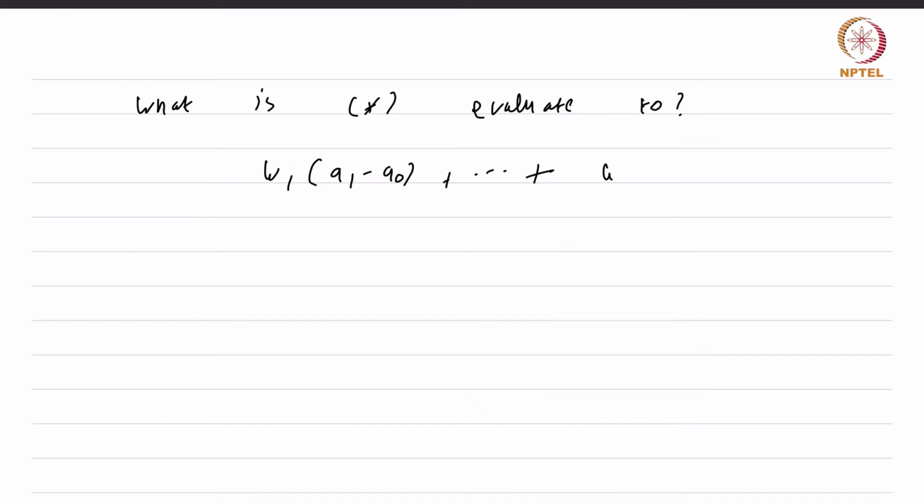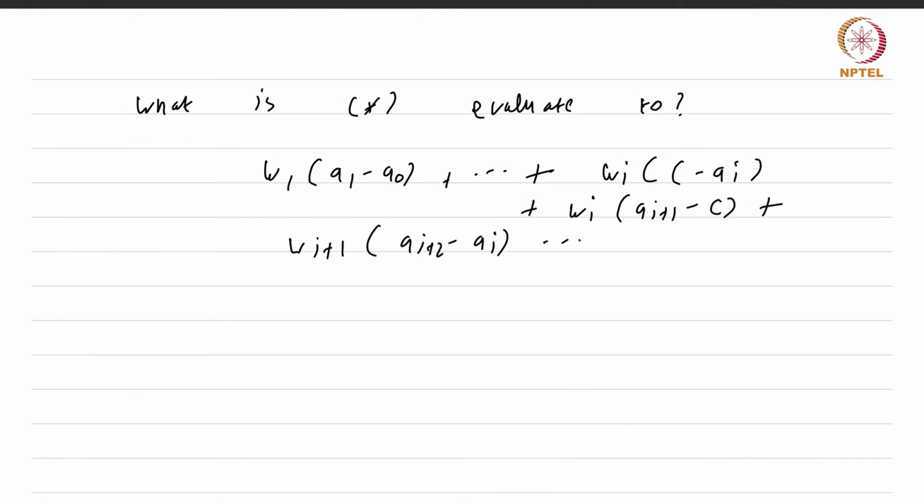You will get wi into c minus ai plus wi into ai plus 1 minus c plus w i plus 1 into ai plus 2 minus ai plus dot dot dot wn minus 1 into an minus 1.